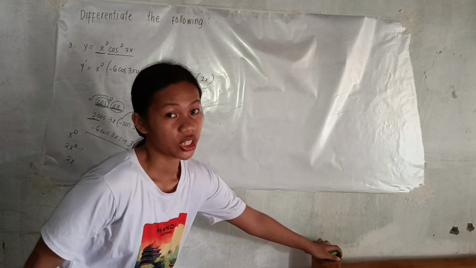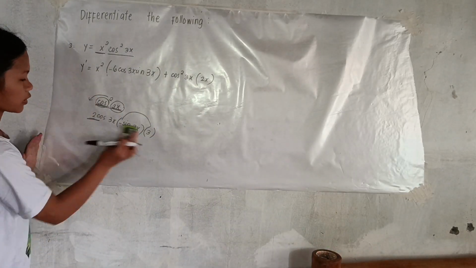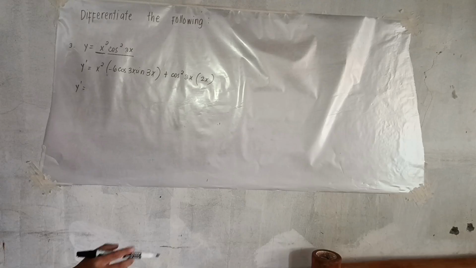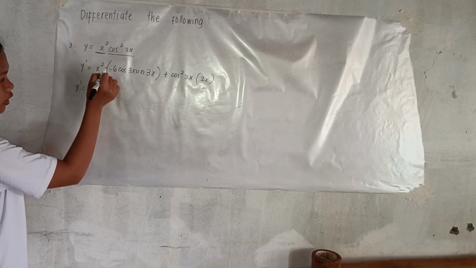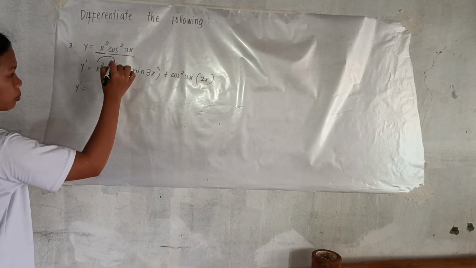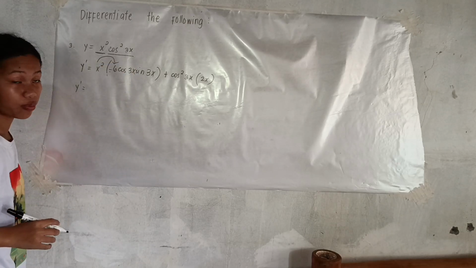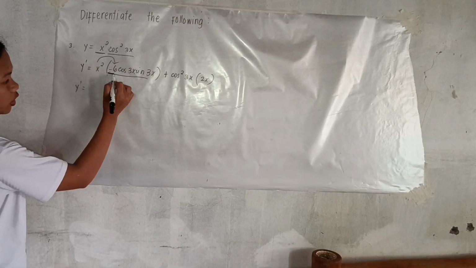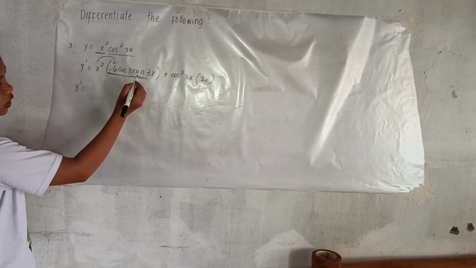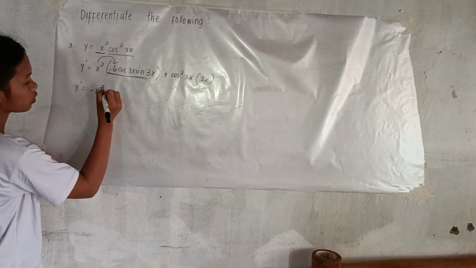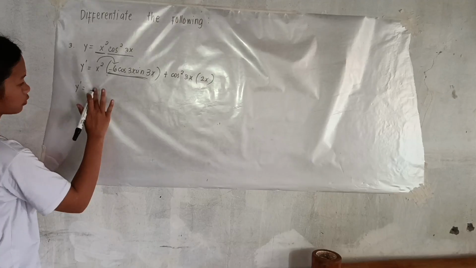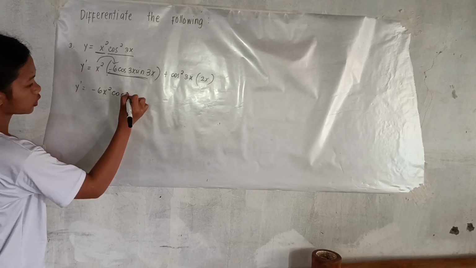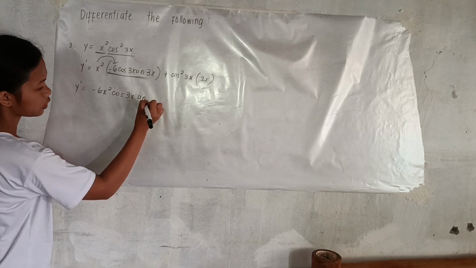As you can see, it is not yet simplified, so we simplify it by multiplying, applying the distributive property. x squared times negative 6 cos 3x sin 3x becomes negative 6x squared cos 3x sin 3x.